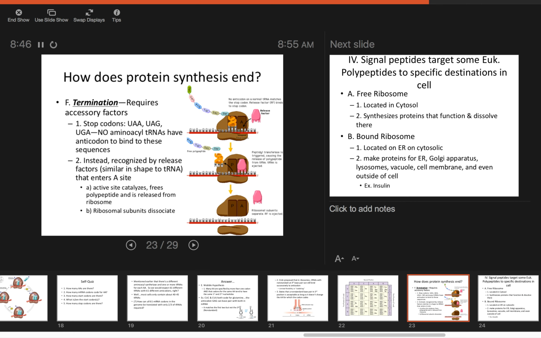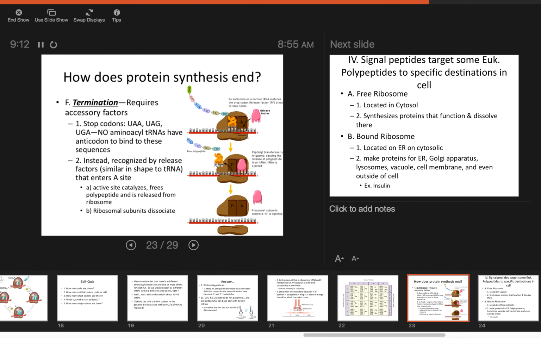Now the next question is, how does protein synthesis end? We're chugging along, reading our codons on the mRNA, and remember there are three stop codons. In this example they give you UGA for a stop codon. The reason there are three stop codons is because for those three codons, there isn't a tRNA. There's something that can bind to it, but it can't carry an amino acid.